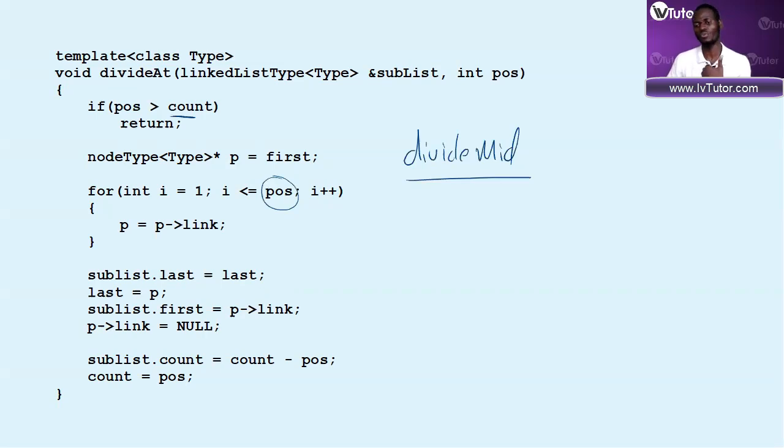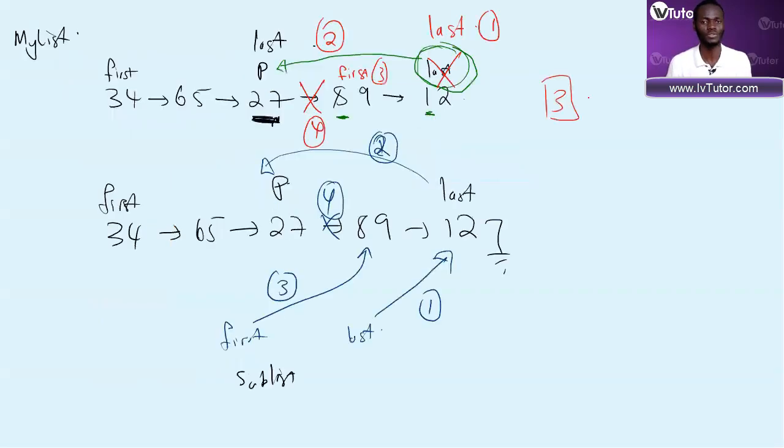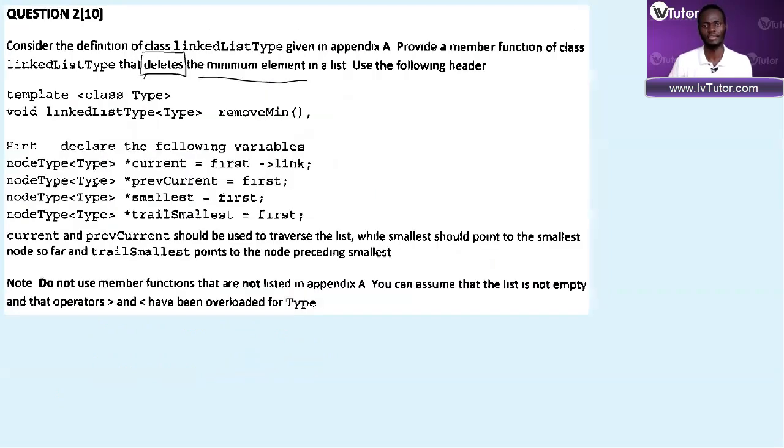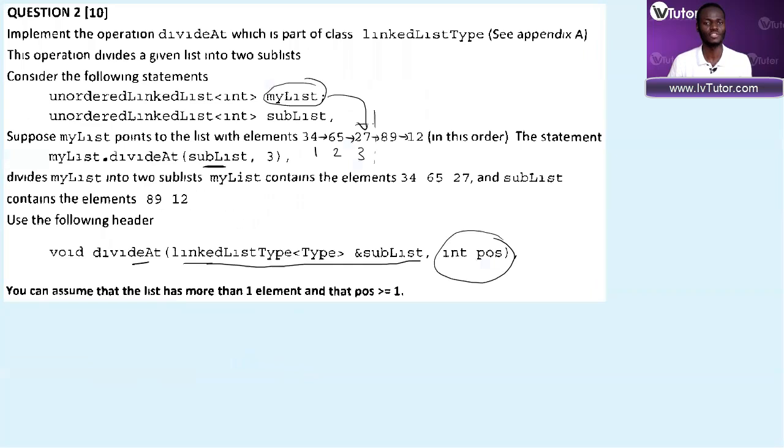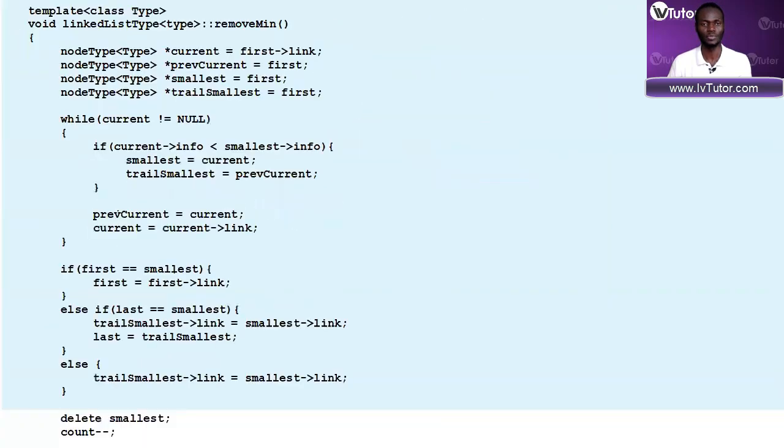And the same goes for the rest of the questions that we've covered. There are slight variations to these questions that you can encounter in exams. For example, if we go back to this question here that we did, remove min, you can have remove max, which you can also see in exams.